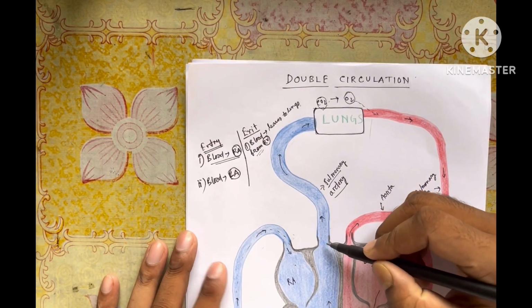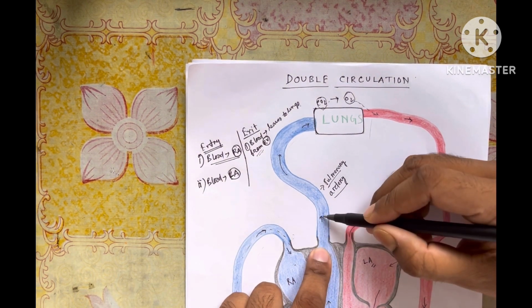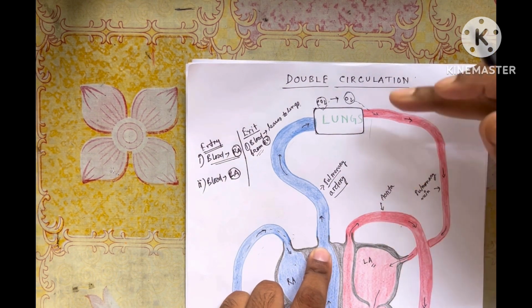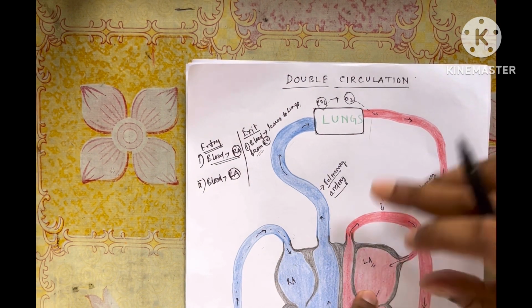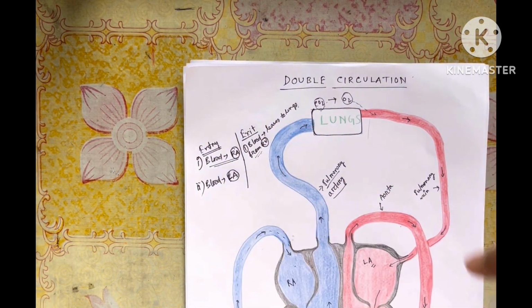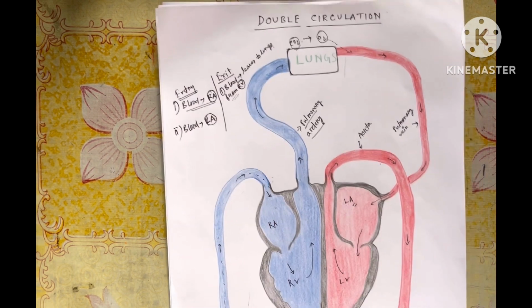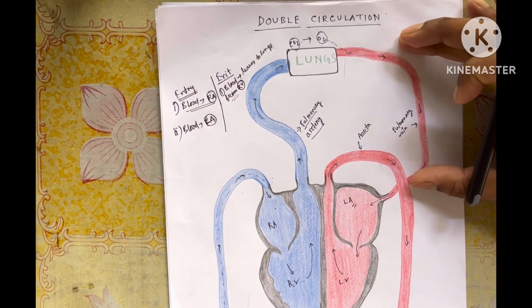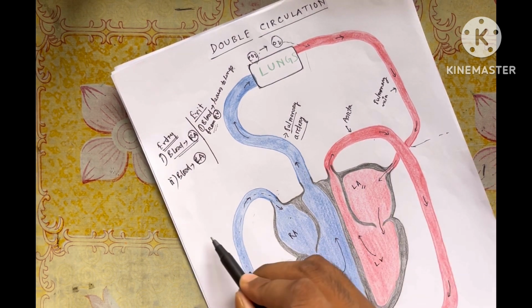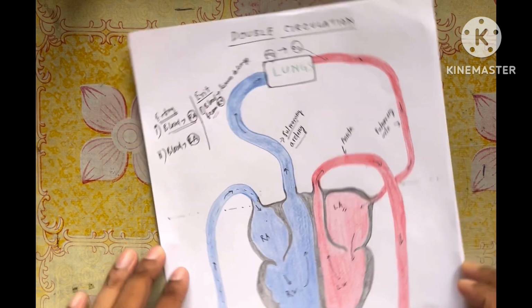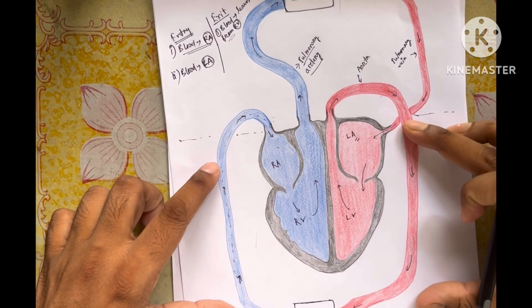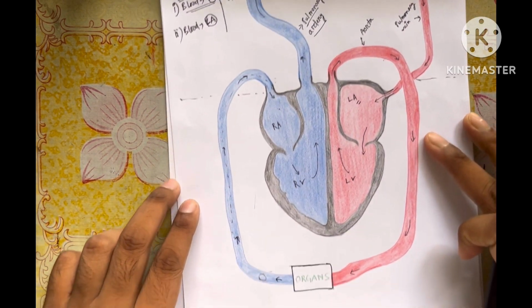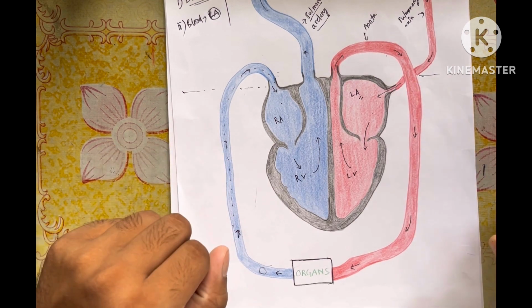When the heart pumps out its deoxygenated blood towards the lungs, and from the lungs that blood again comes to our heart, that segment is called pulmonary circulation. Means the upper portion is called pulmonary circulation, and the lower portion is called systemic circulation.